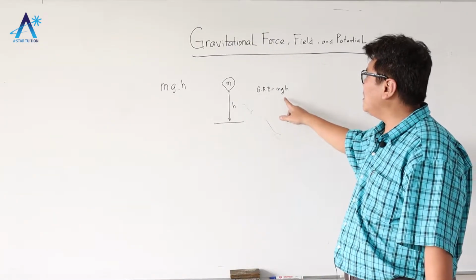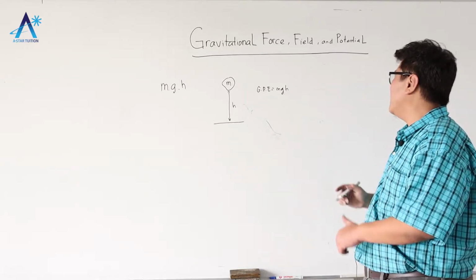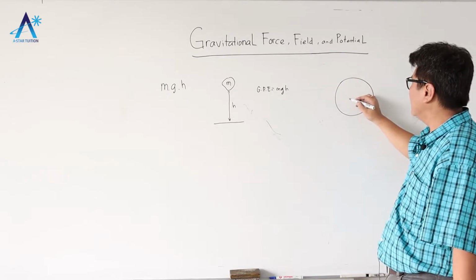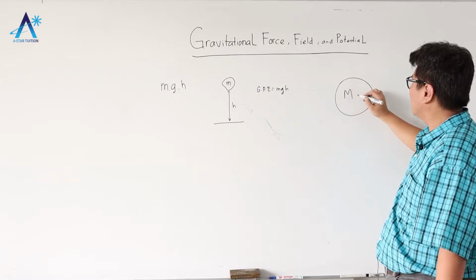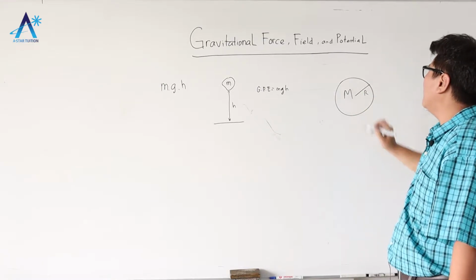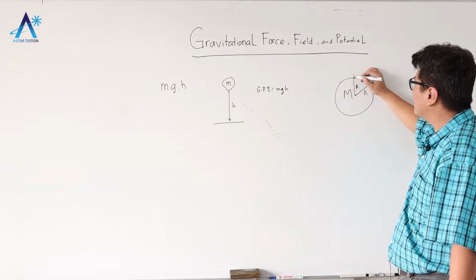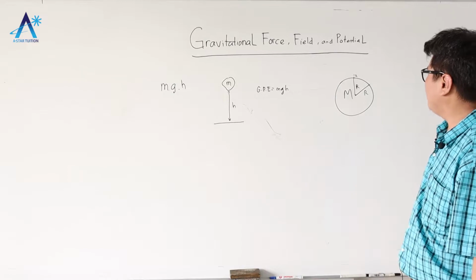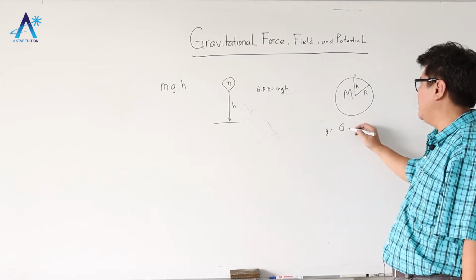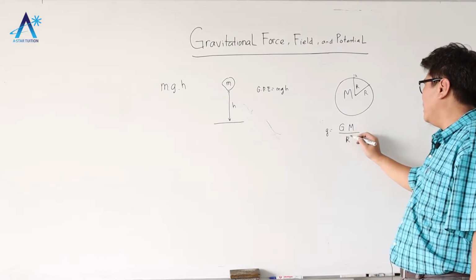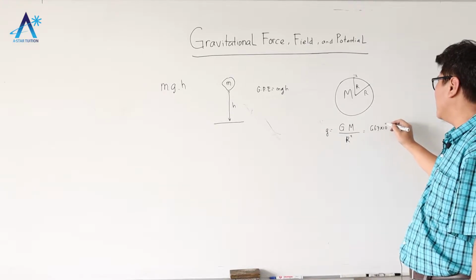But from the previous discussion, we know that this g, let's say this is the Earth, and Earth has a radius capital R. If this is h, then if we calculate g for Earth, it equals G M over R squared. Now G is 6.67 times 10 to the minus 11.